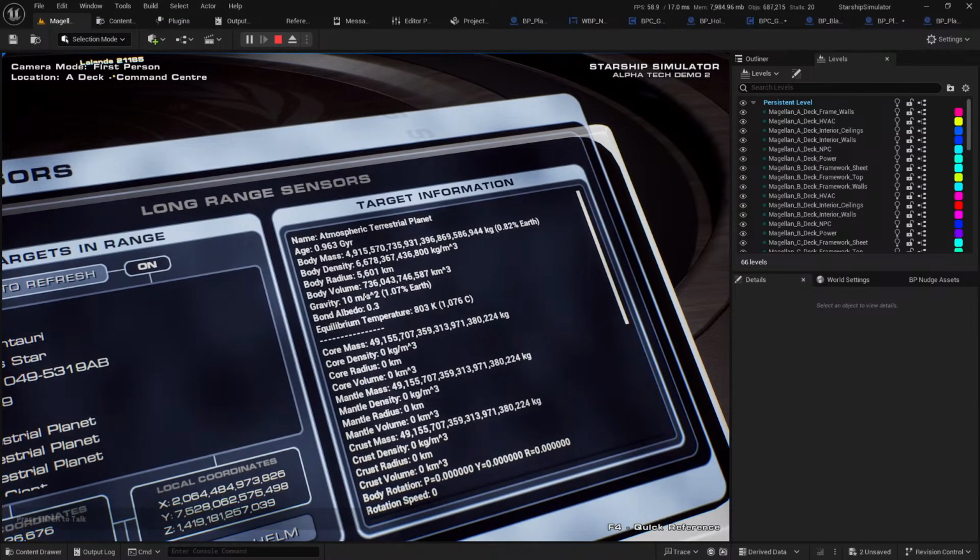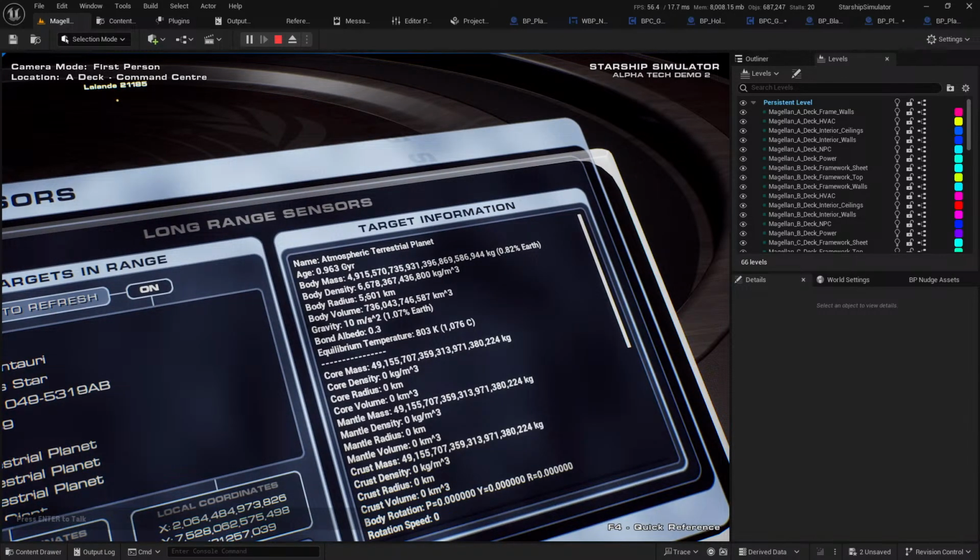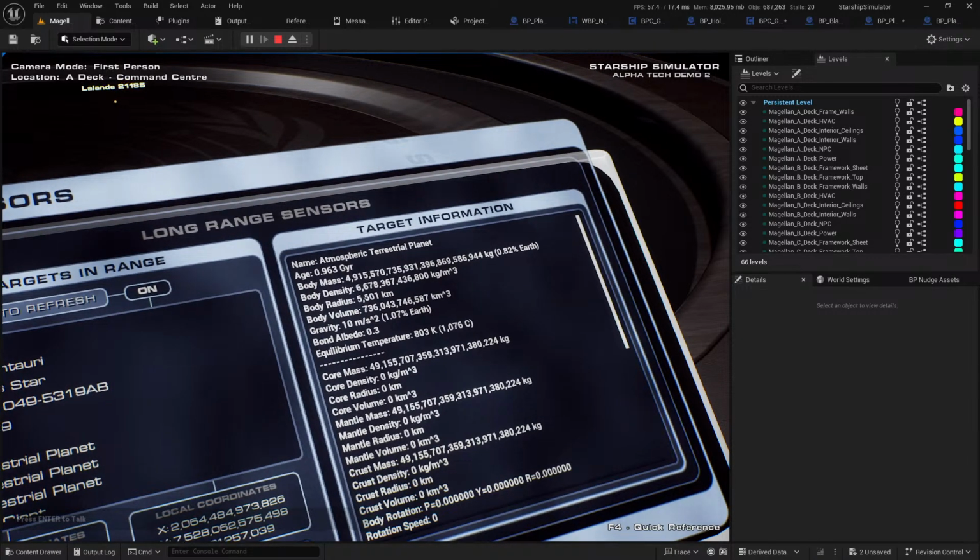I mean, granted, gravity is based on density as well, but yes.